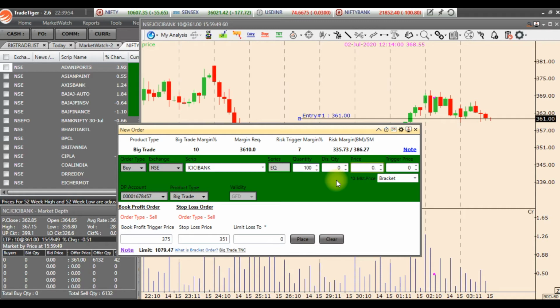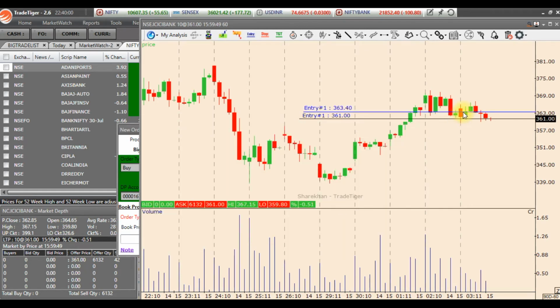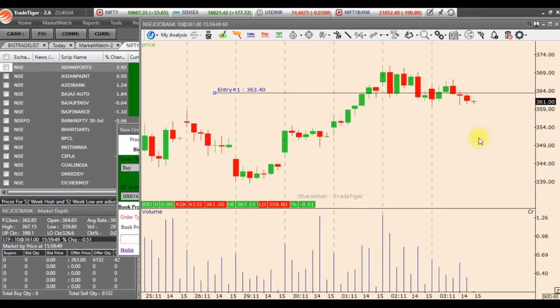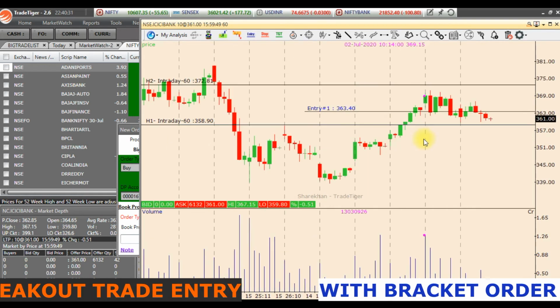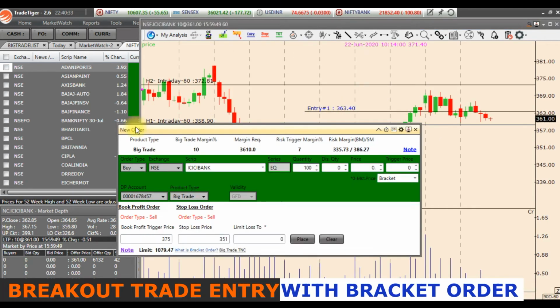Okay, and one more I'm going to explain to you. Say, for example, you want to enter at the breakout of this candle. This is the stop loss, this is the target, but you want to enter the bracket order only if it breaks 363.4.